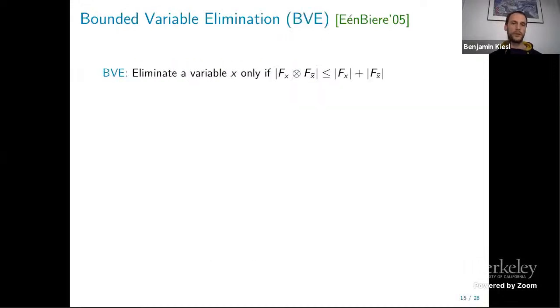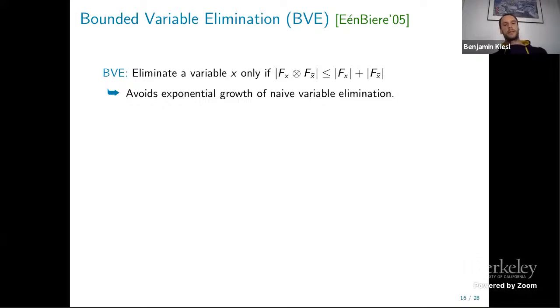What you can do is, when you do variable elimination, do it just on variables where there is no blow up, where the resulting set of clauses is no larger than what you had before. This avoids the exponential growth that you have when you do naive variable elimination.